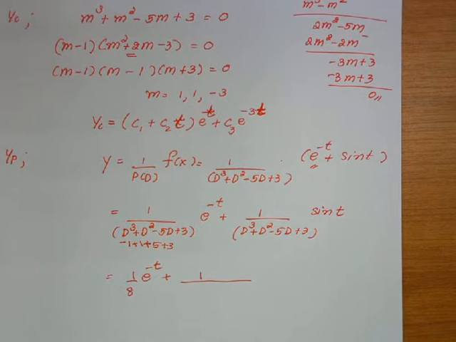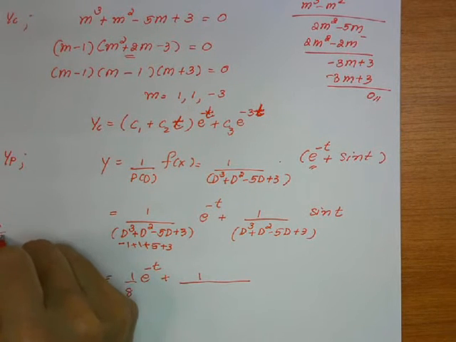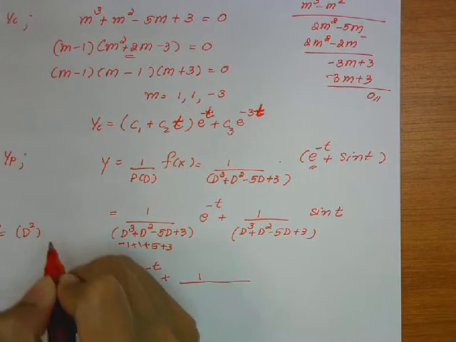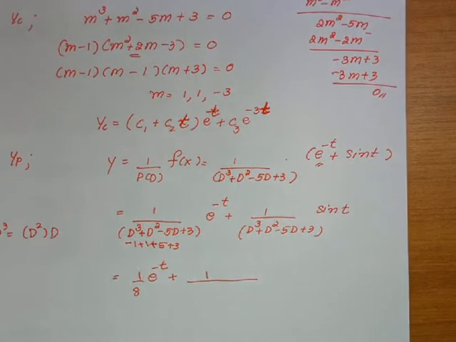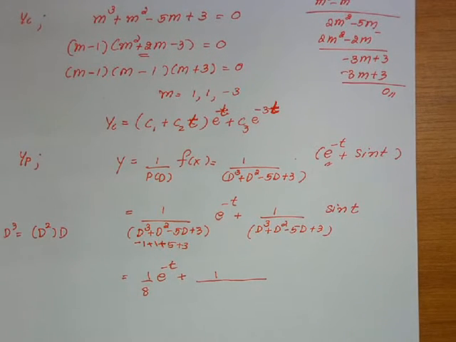D to the power 3 is equal to D to the power 2 times D. Right? Now we say that we are going to put minus a squared into every term of d squared.